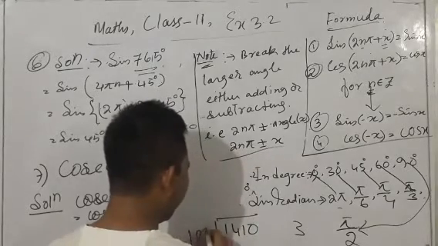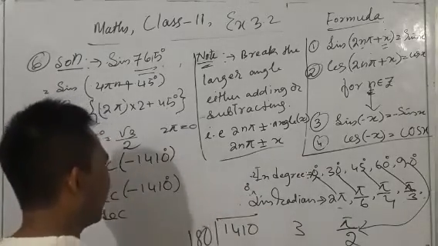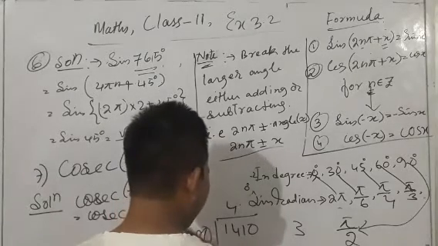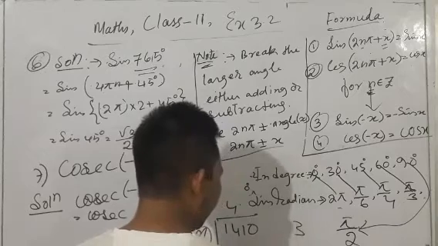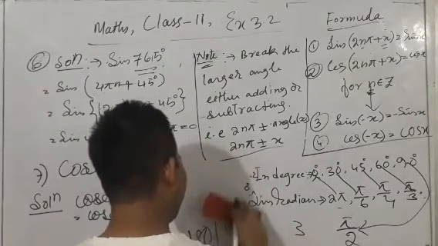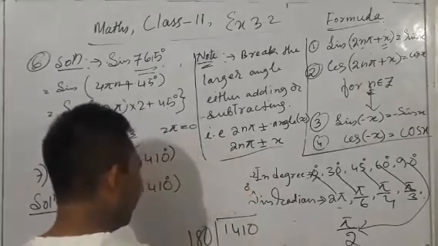So it is 180 times. If we put 4 times, 4 0 180 4 0, that means it will be less. So we have to put more times.